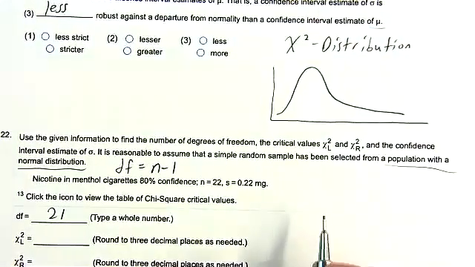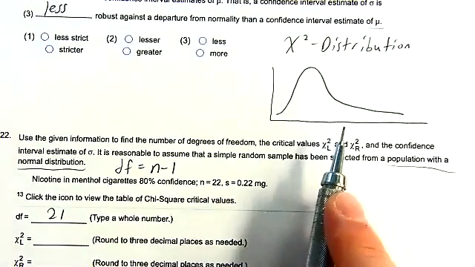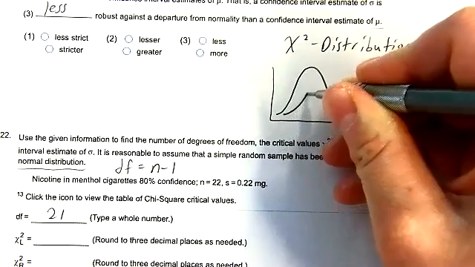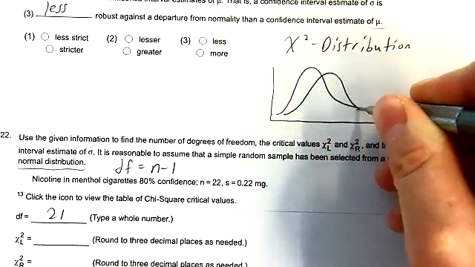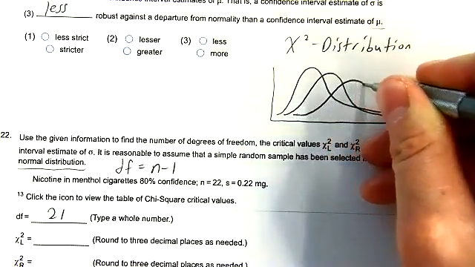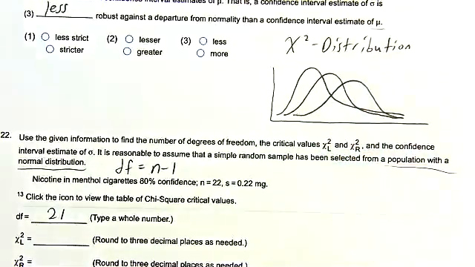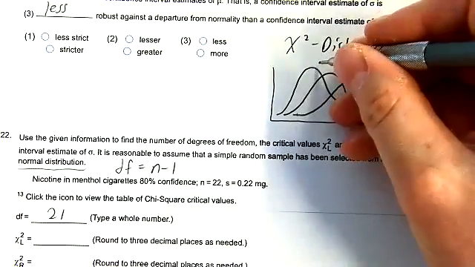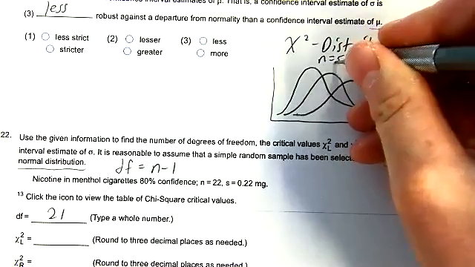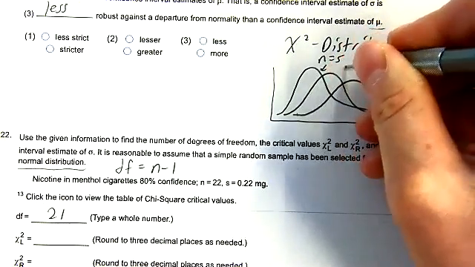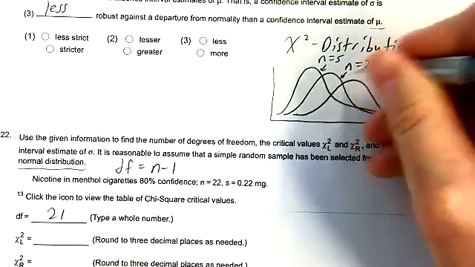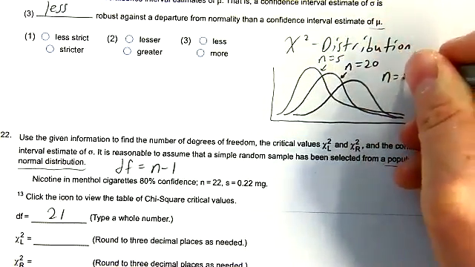But just like the t-distribution, this distribution also changes shape as your sample size gets bigger. It becomes less skewed as your n increases. So this would be an n of, let's say 5 right here, and this one's an n of 20, and then this one's an n of 50.